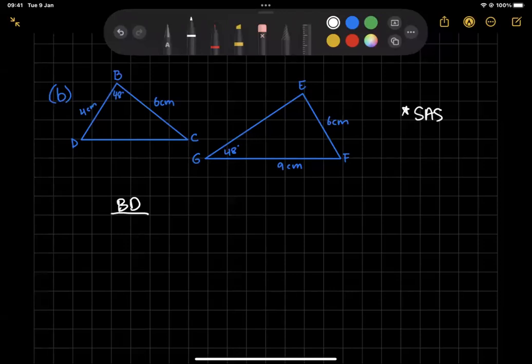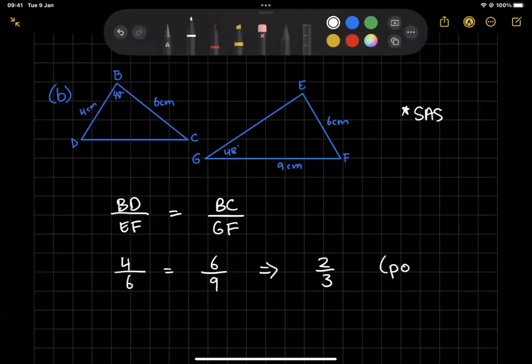So BD over EF equals BC over GF. Putting in the numbers, 4 over 6 equals 6 over 9, which gets me 2 over 3 for both fractions. So, okay, the sides are proportional.